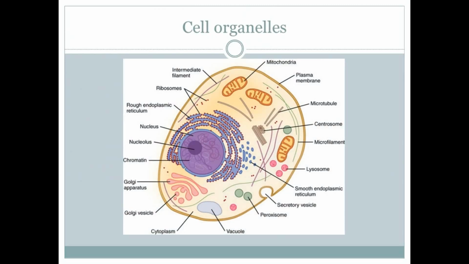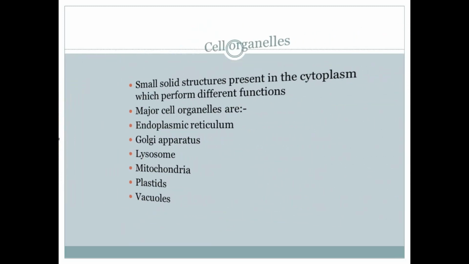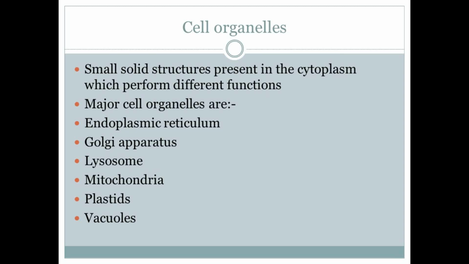Now about the cell organelles which are present inside the cytoplasm. There are various organelles with various structures present in the cytoplasm. Organelles are the small solid structures present in the cytoplasm which perform different functions.